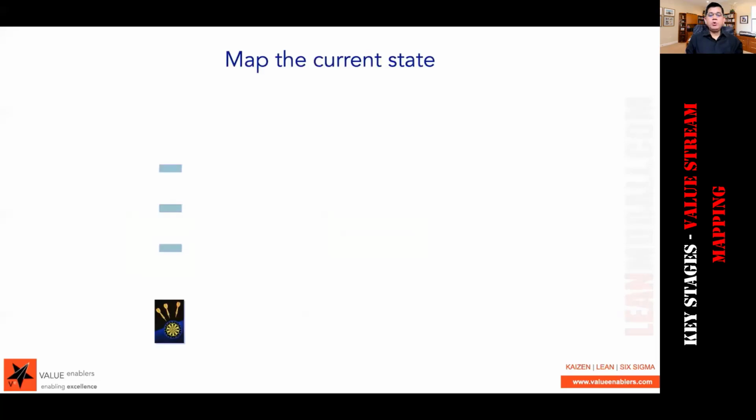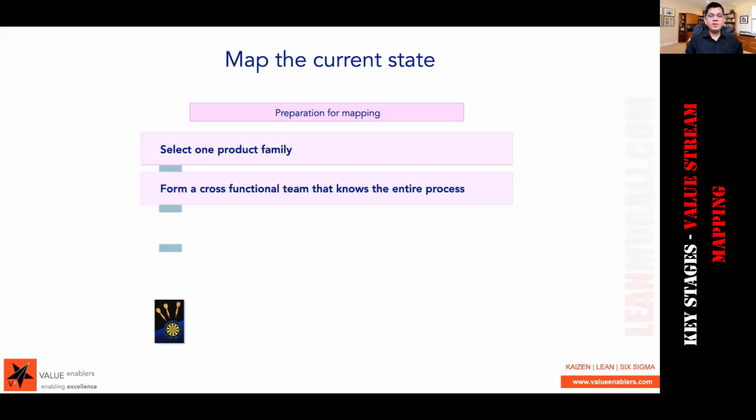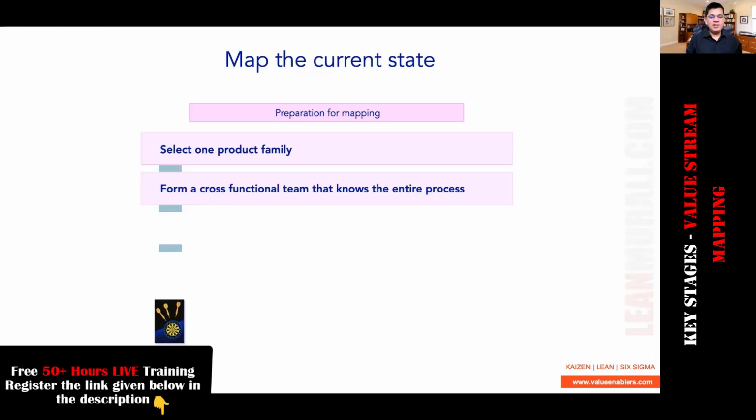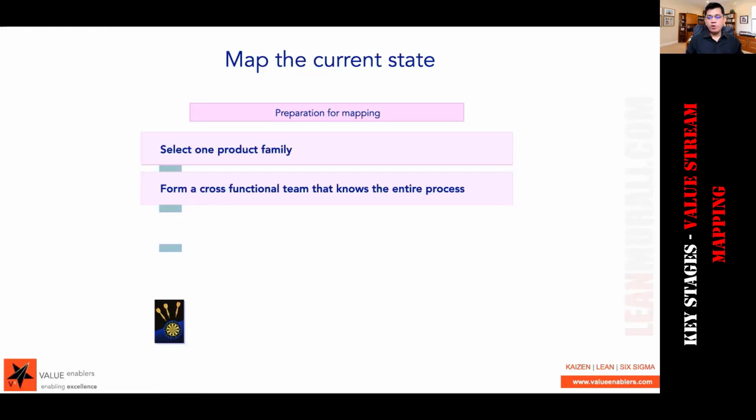All right. So when you map the current state, for the preparation, you need to select one product family, which we are very clear on now. Form a cross-functional team that knows the entire project. All of you type SME in the comment box. People who know what SME is, type in the comment box.